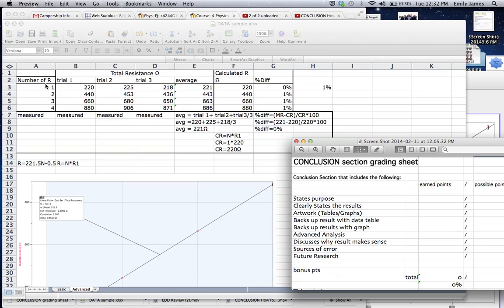In terms of sources of error, which is the next piece on the list, there isn't an awful lot of error in this lab, but you would want to talk about the sources of error that do exist and list them in order of importance. So probably the most important error in this lab is thinking about how well the resistors are manufactured.